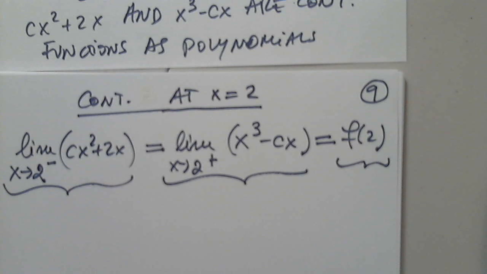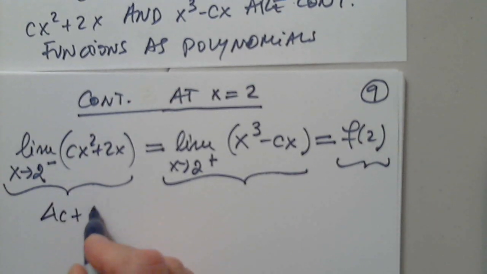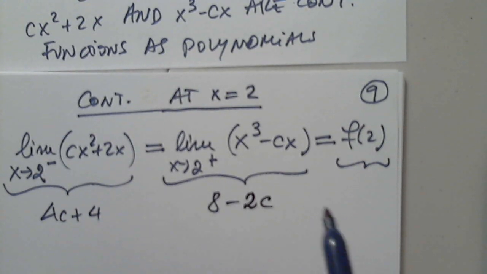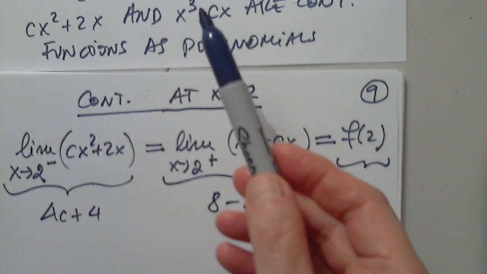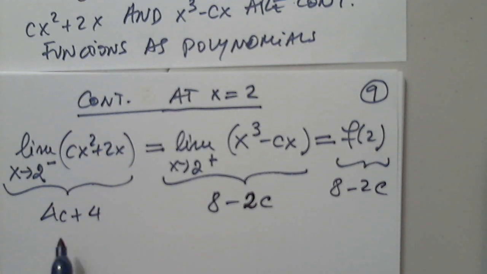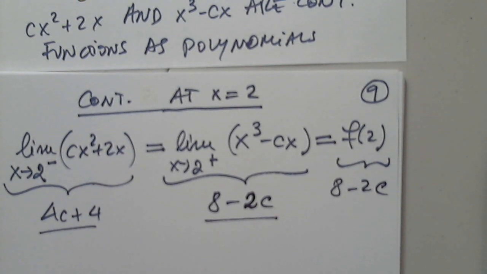We want to move on, please. Wouldn't it be 4c plus 4? Excellent. What about this one? 8 minus 2c. Excellent. And this one? We have to use the same, so it will be the same, 8 minus 2c. These two quantities have to be the same. These are the same, but also these have to be the same. And this is the equation that will give us c.